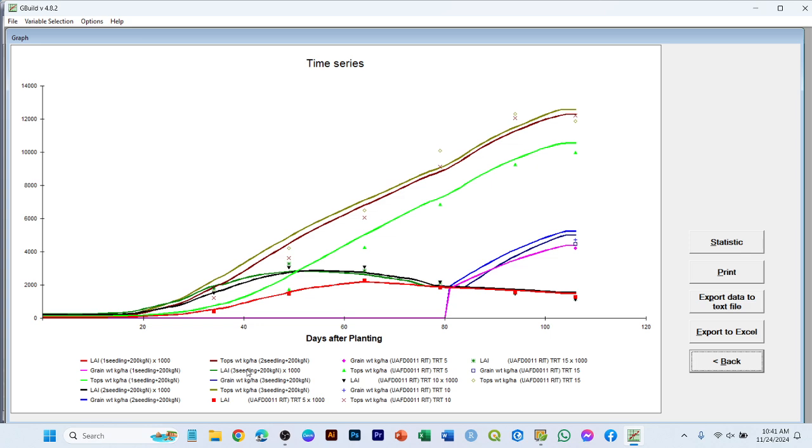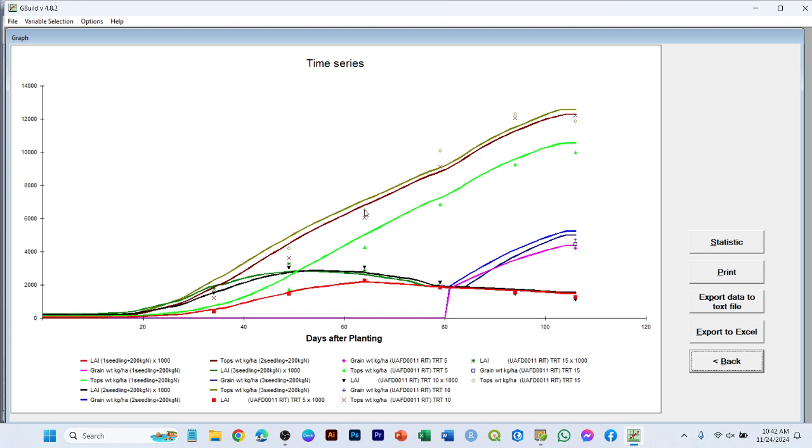Yes, these are the crosses of total dry matter. Keep in mind, the maroon crosses mean that the model shows your tops weight should be around 5,000 kg per hectare at around 50 days, while the observed is around 4,000.